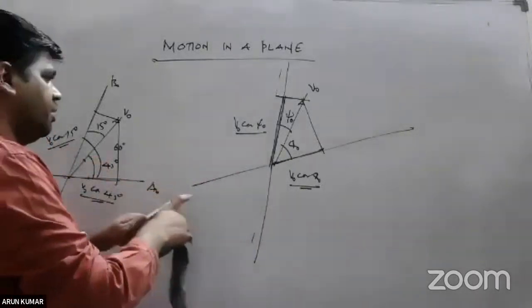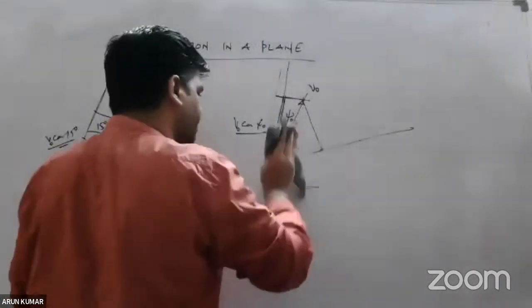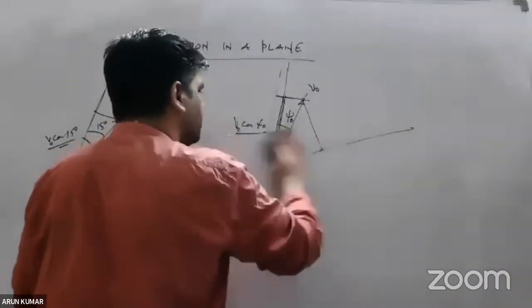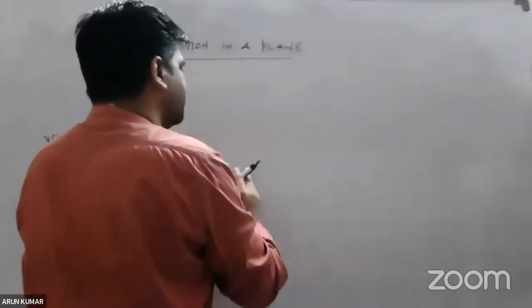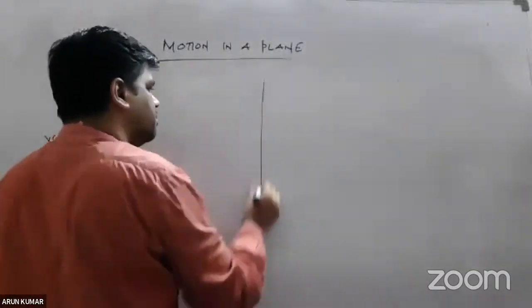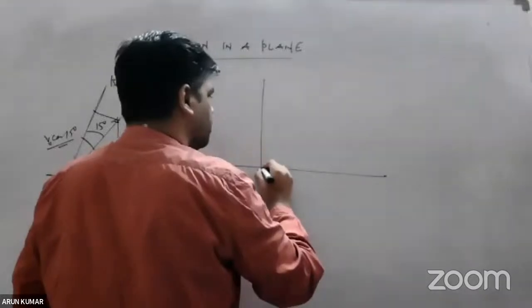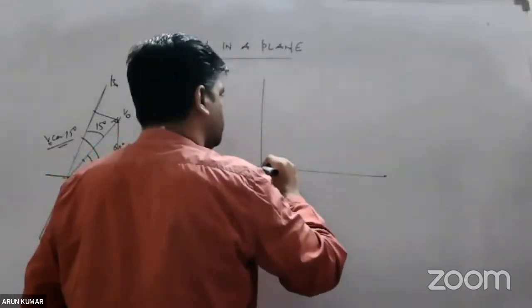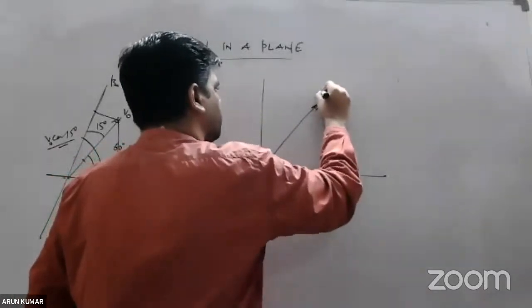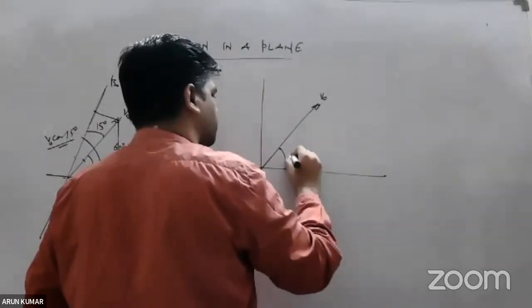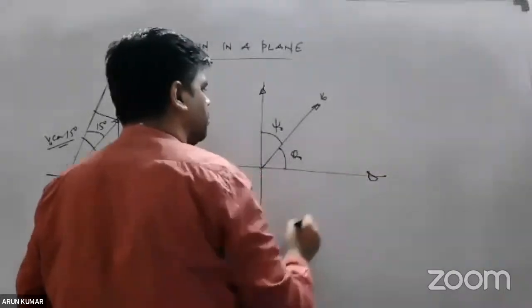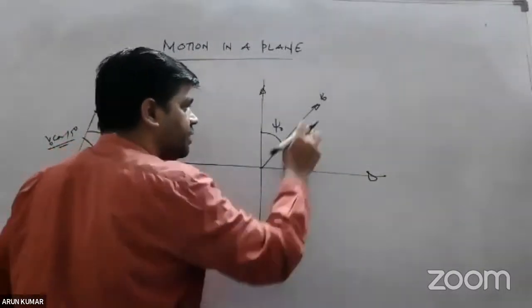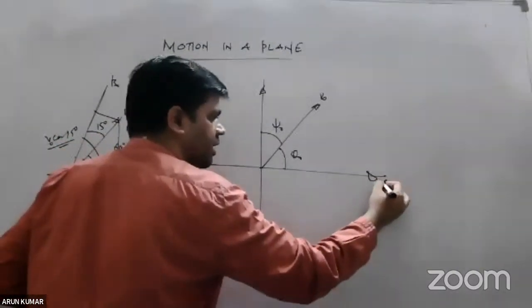Okay. Now, instead of having an angle of 60 degrees, I have two perpendicular lines. So what is the component of this one along this line A?